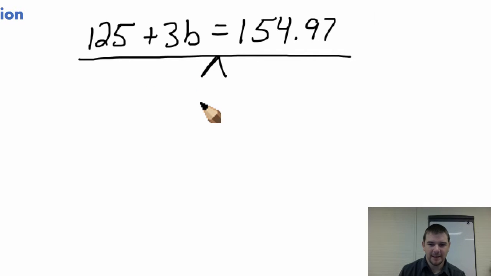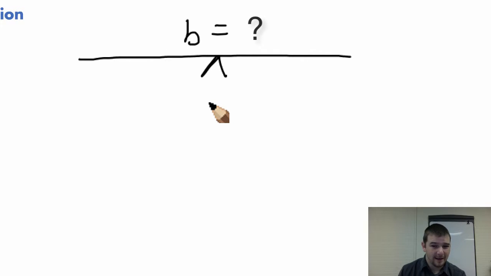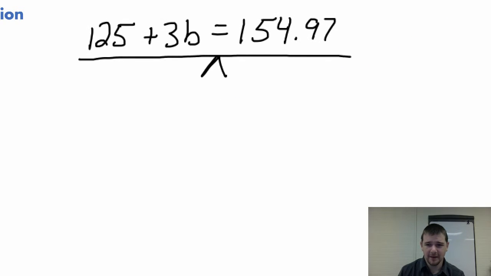And the idea is that we need to get b by itself so that it's the only thing left on the left-hand side of this teeter-totter. So thinking about children on a teeter-totter, if b wants to play by itself, we would have to ask 125 to get off of this side of the teeter-totter.